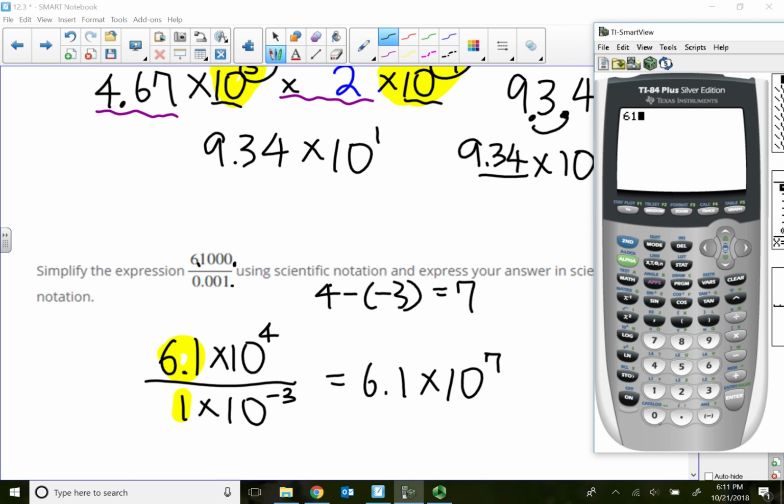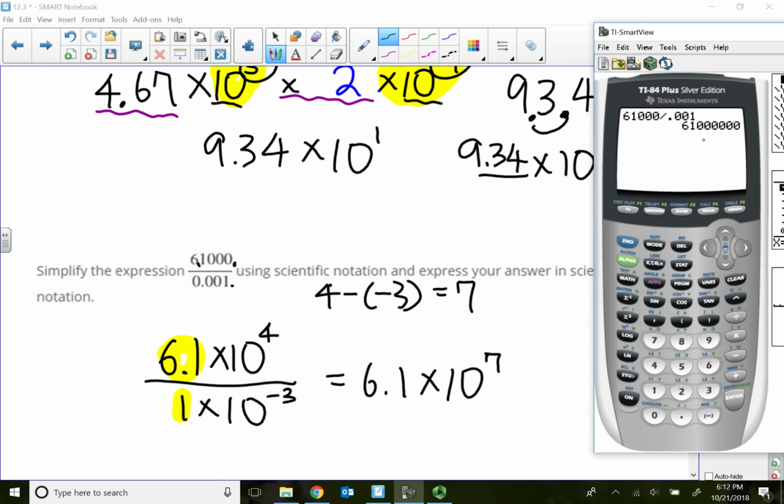If I key in this problem in the calculator originally, sometimes it might work, sometimes it doesn't. It really depends. It doesn't work here. It's just telling me 61 million. But you can kind of tell. 61 million has 6 zeros, so why is it the 7th power?